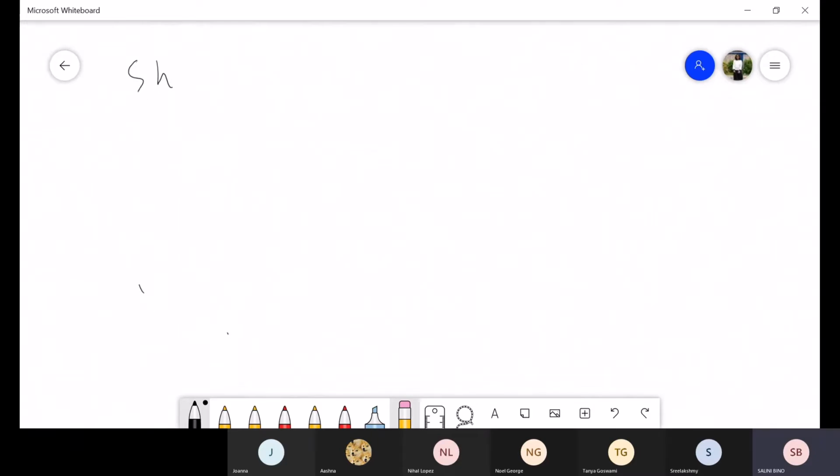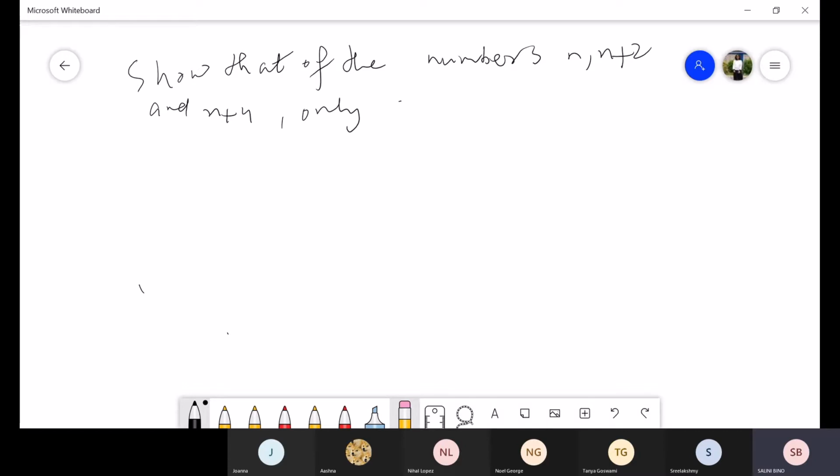Now this is from the question paper. Write the question: show that of the numbers n, n plus 2 and n plus 4, only one of them is divisible by 3.